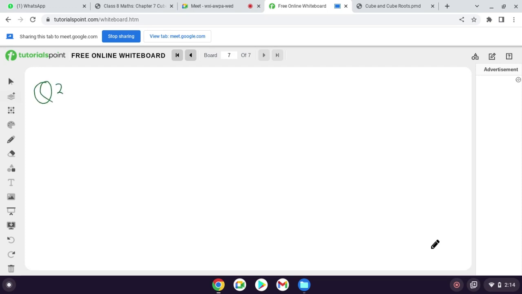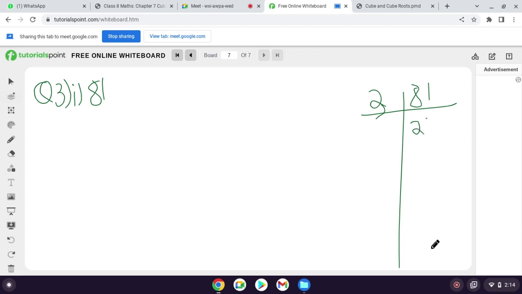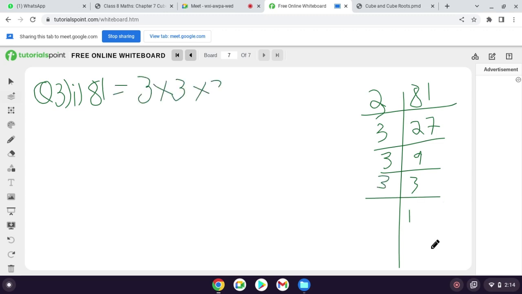Question number 3, first part, 81. 3 2s are, 3 7s are, 3 9s are, 3 3s are, and 3 1s are. So it is here 3 into 3 into 3 into 3. Then these are all, so only 3 is left.